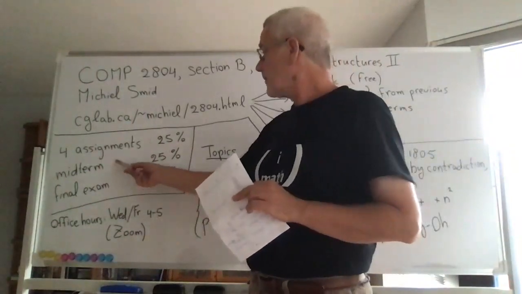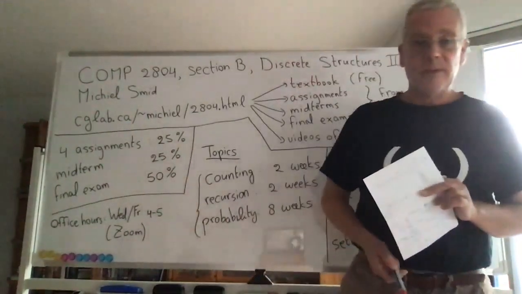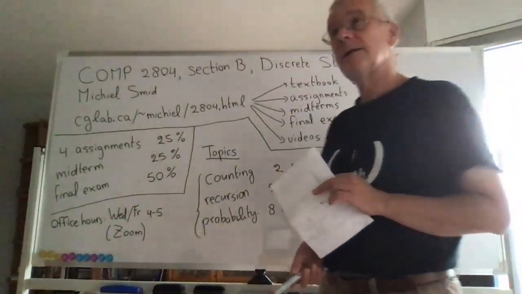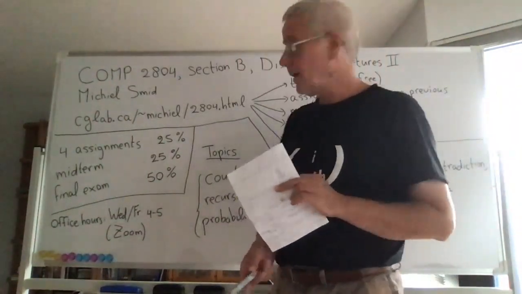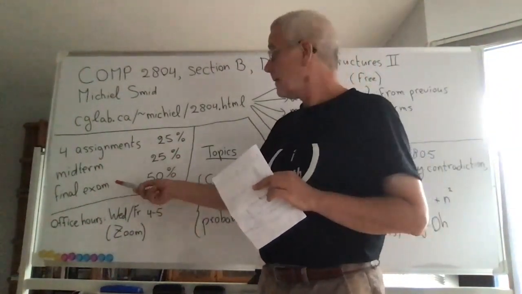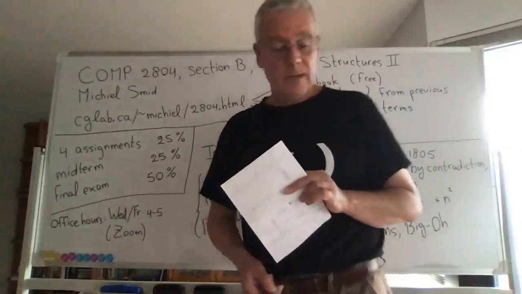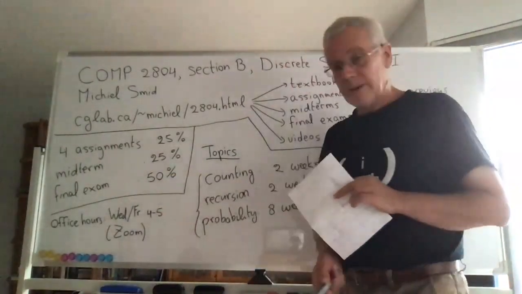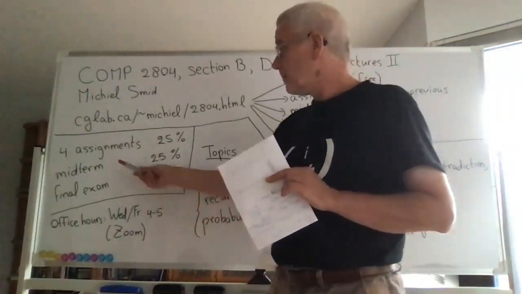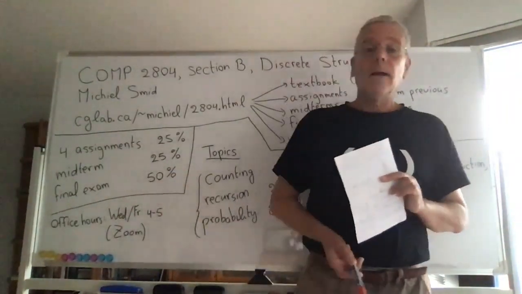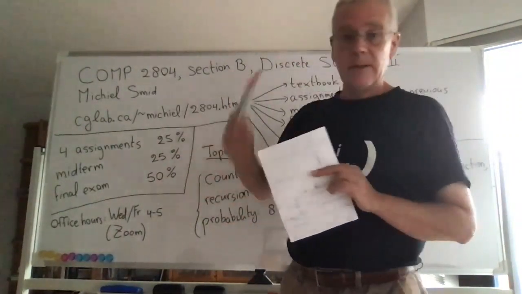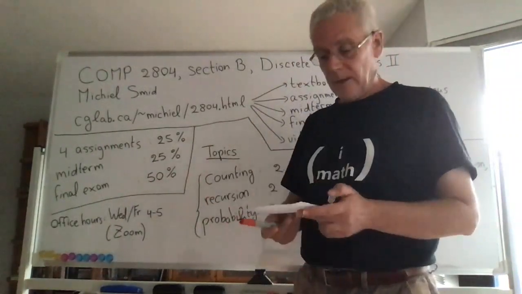There will be a midterm, in week 7 of the term, which is, I think, the week before reading week. The midterm will be worth 25%, and at the end of the term, there will be a final exam, worth 50%. We are still working on the format of the midterm and the final exam. As soon as I know more, I will post it on the webpage, and I will send you an email through CUlearn.